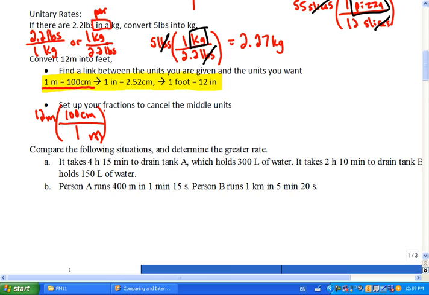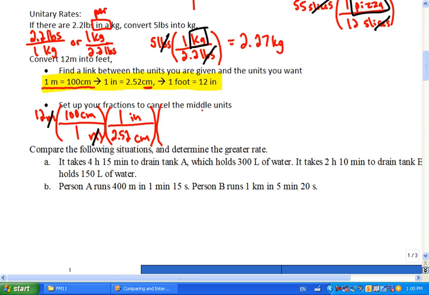And what's the next fraction that I'm going to move into? Inches is correct. For those of you who are wondering how they're figuring this out, again, top and bottom. The next one I want to get rid of is centimeters, so centimeters should go on the bottom. So there's the 2.52 centimeters, and on top is 1 inch.